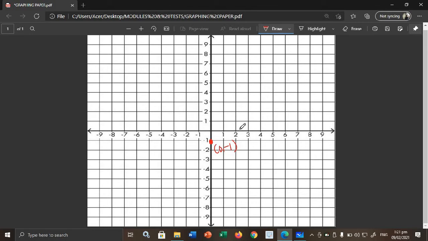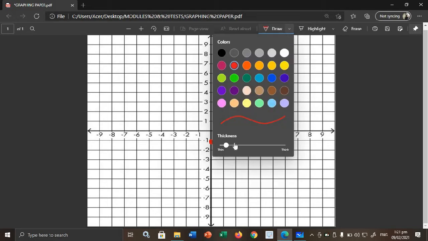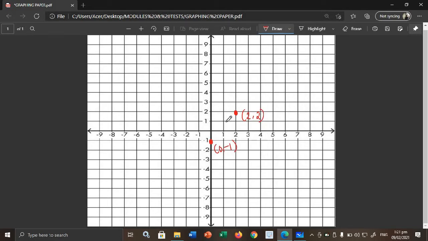And then, our second point is 2, 2. So, dito siya, on your first quadrant. So, we have 2, 2. Then, right after mo i-plot yung points mo, you're just going to connect them. Okay? To form a line and to graph them.